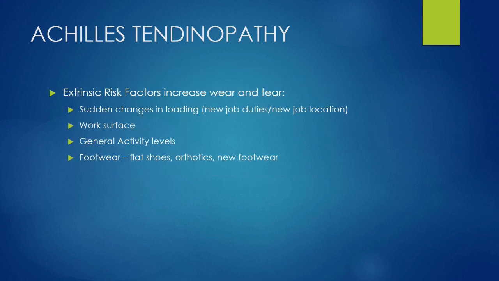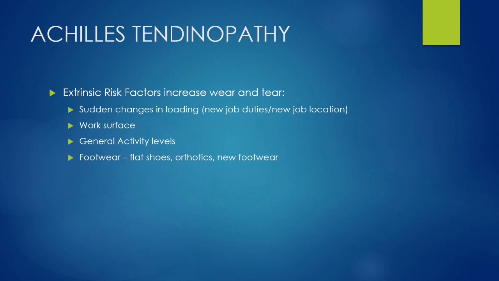These factors that increase wear and tear on the tendon are the so-called extrinsic risk factors. Factors that limit the repair capacity and potential of the tendon are referred to as intrinsic risk factors. Those are risk factors that are specific to the employee, whereas extrinsic risk factors are non-specific or external to the employee. So let's talk about some of these extrinsic and intrinsic risk factors.